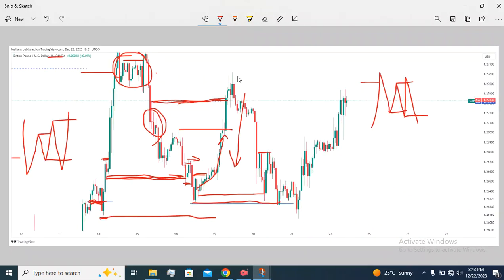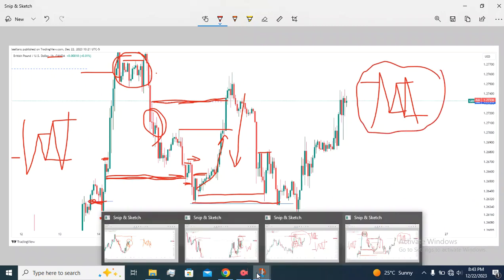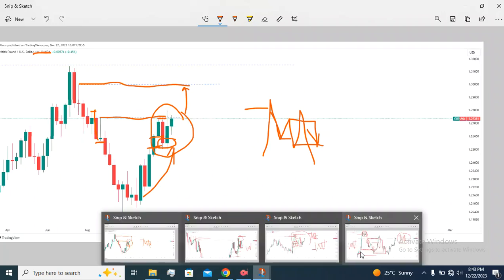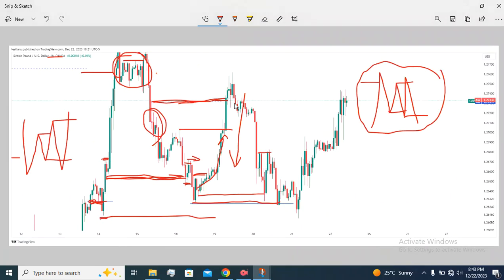So what happened after this setup printed, we were anticipating a sell on the weekly time frame. This guy right here, this way we're anticipating a sell. So all this on the 1 hour time frame is a setup that we were anticipating on the weekly time frame.